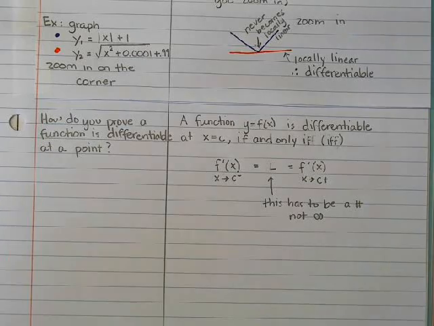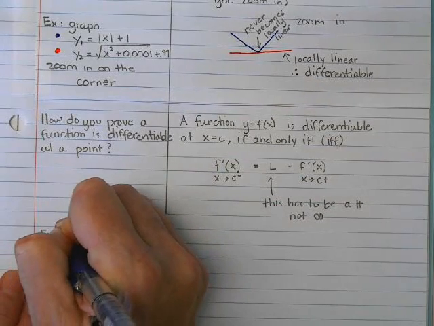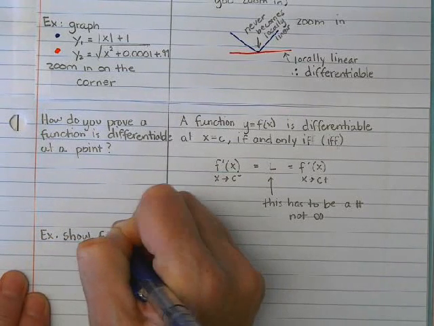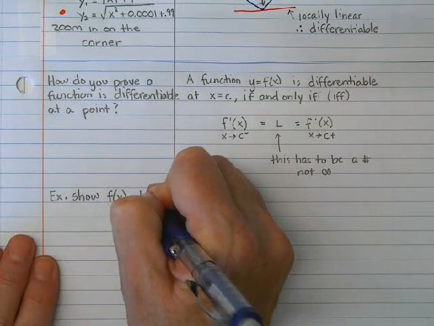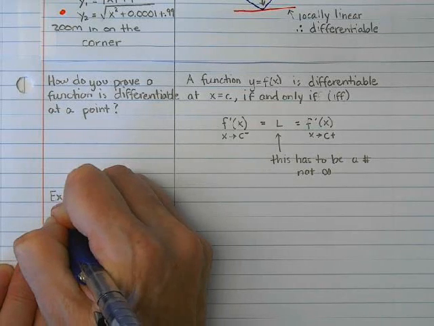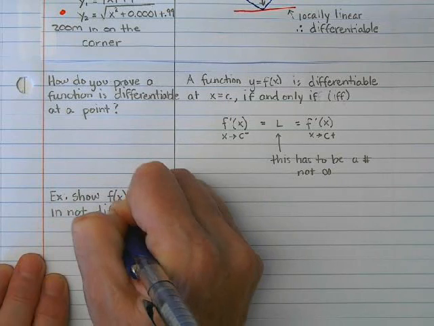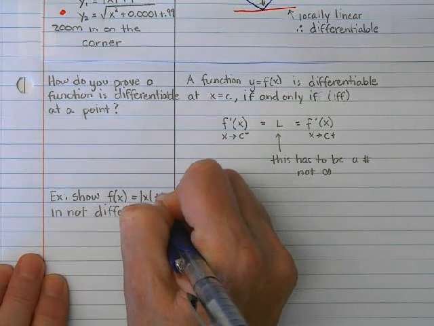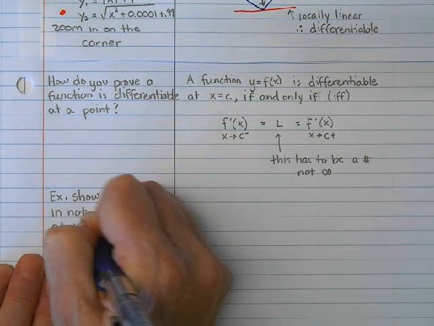So let's put in how we would do that problem that I just showed you. Say I said, I want you to show that f of x equals the absolute value of x plus 1 is not differentiable at x equals 0.